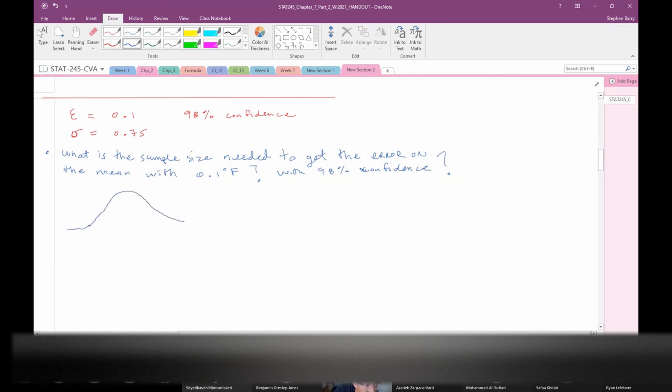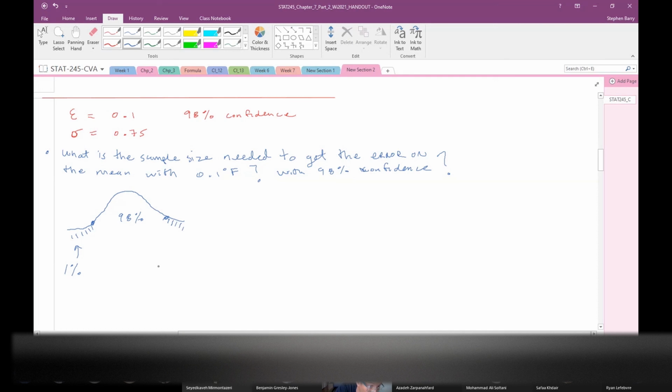So 98% in the middle means there's 1% here and 1% there.